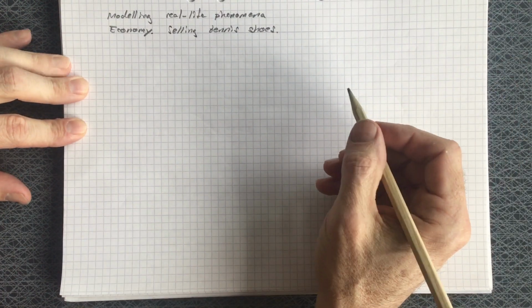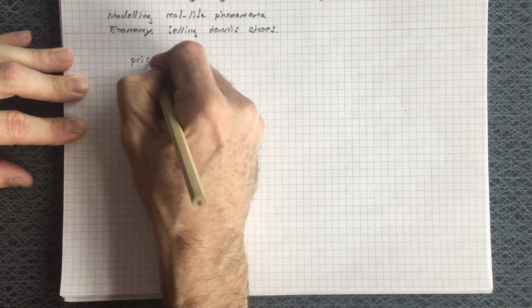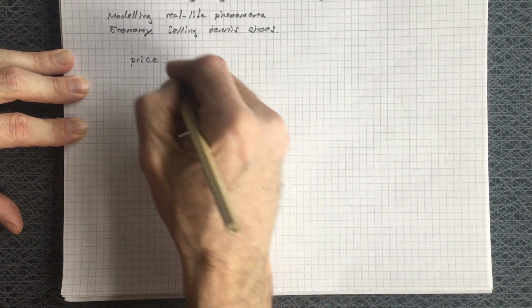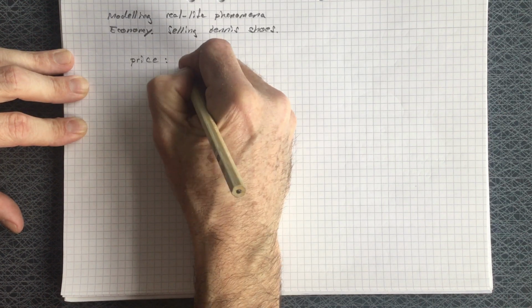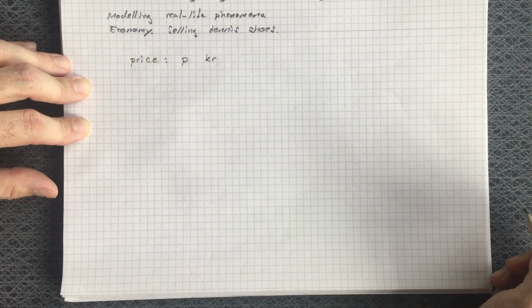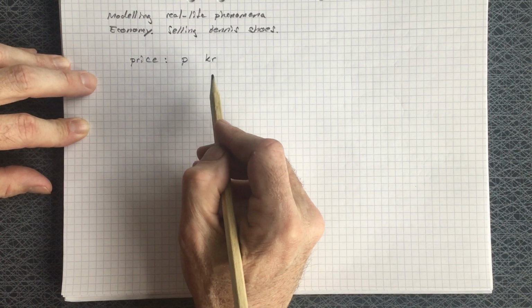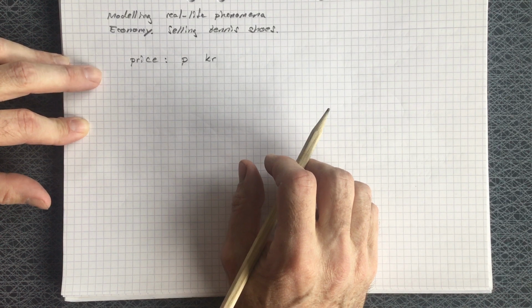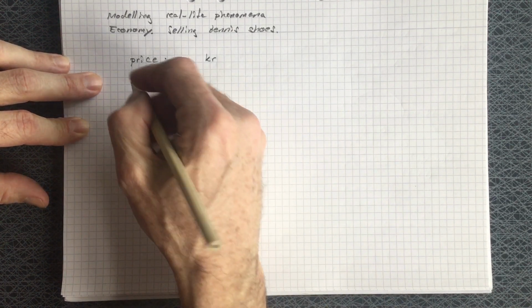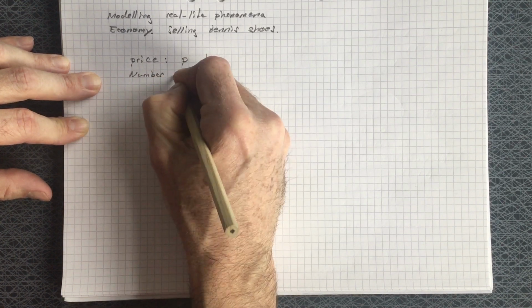If you are selling tennis shoes, then you have to put a price on your shoes. Let's call the price P, and it's in kronor. And you have to sell a quantity of shoes, a number of pairs sold.